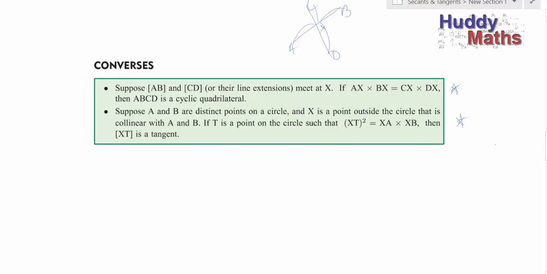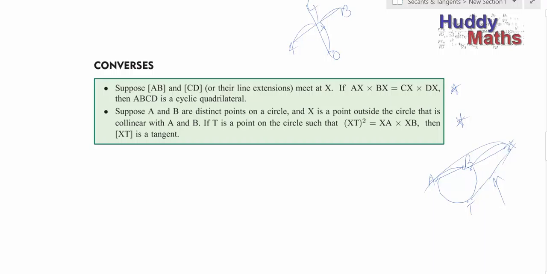So here, if you've got two points on a circle, and X is a point, collinear, so we extend this out here to X, and there's a point on the circle such that XT squared equals XB times XA, then that's a tangent.